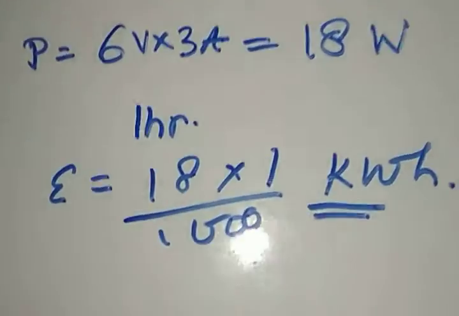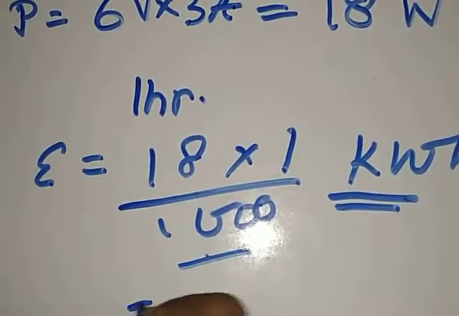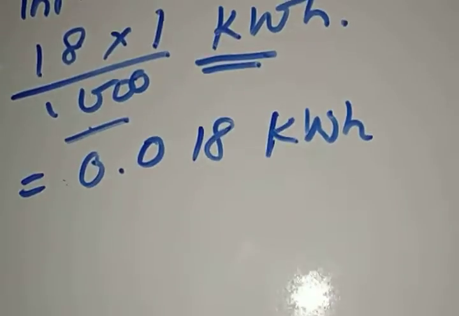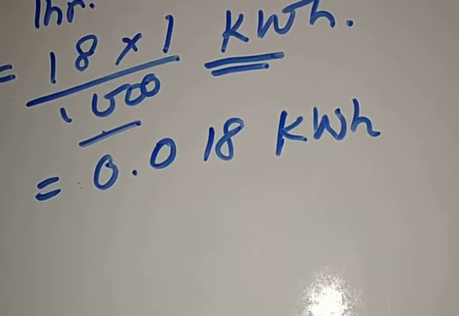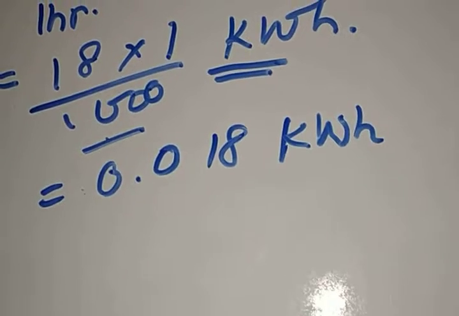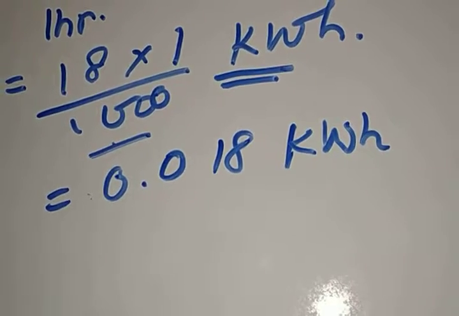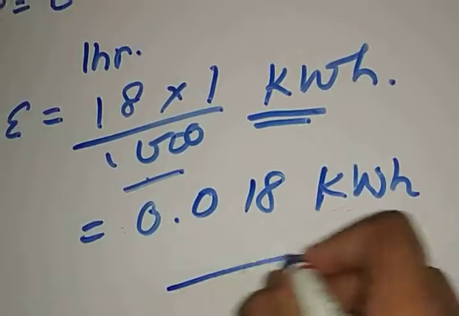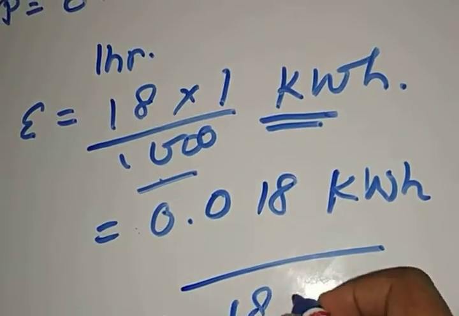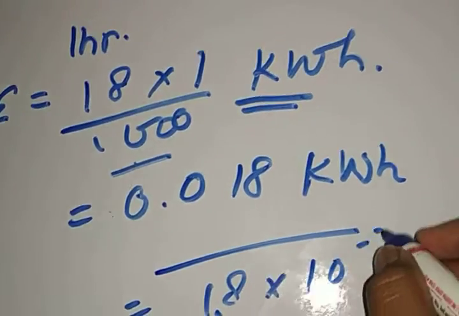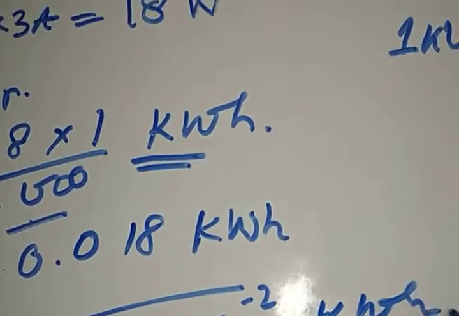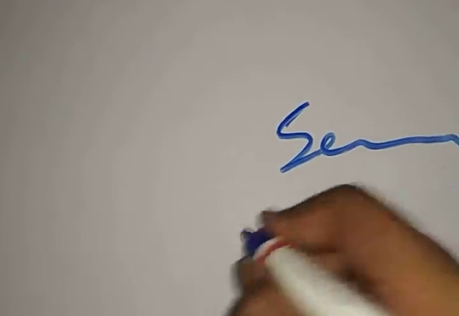So it will become, oh sorry, 0.018 kilowatt hour. This is the energy dissipated, and you can say it's 1.8 into 10 to the power minus 2 kilowatt hour. Similarly, you can calculate the powers and energy dissipated in series and parallel circuits.